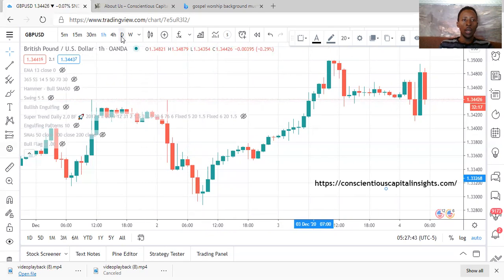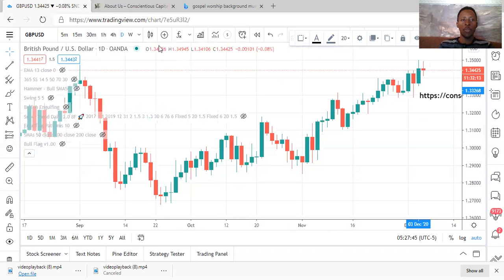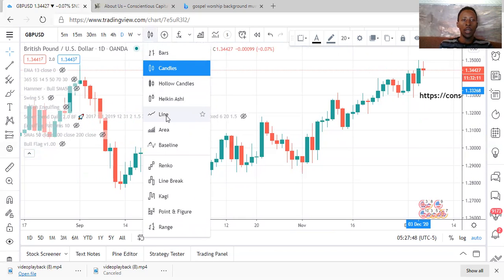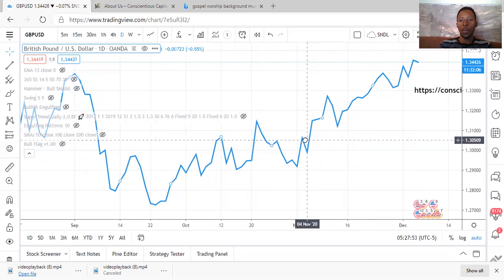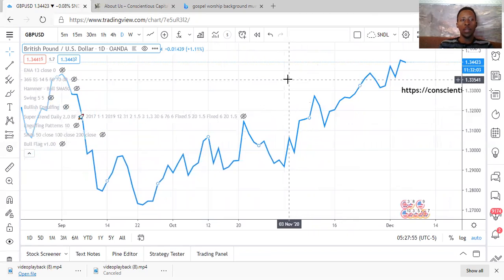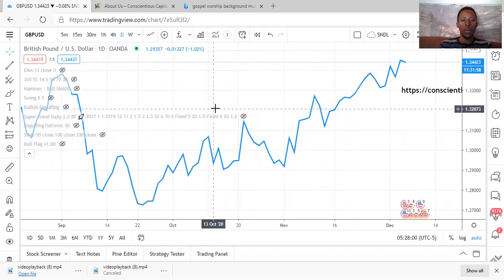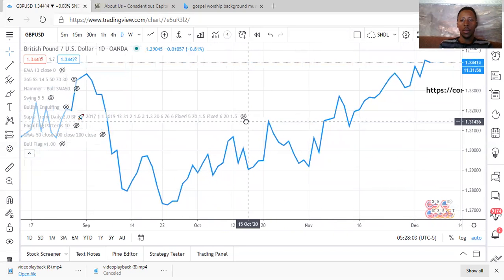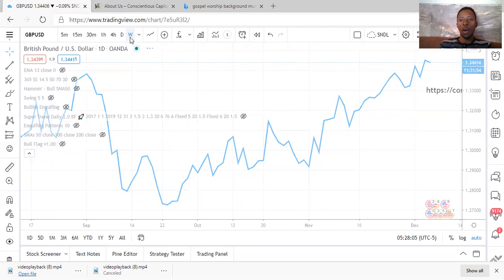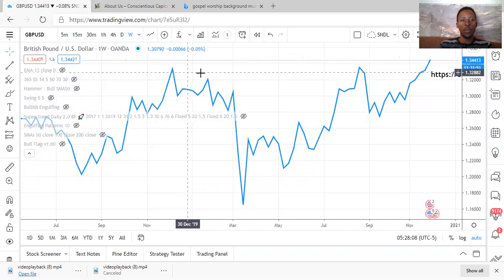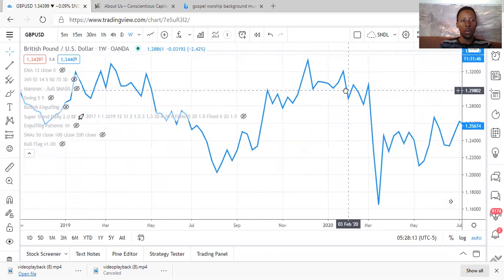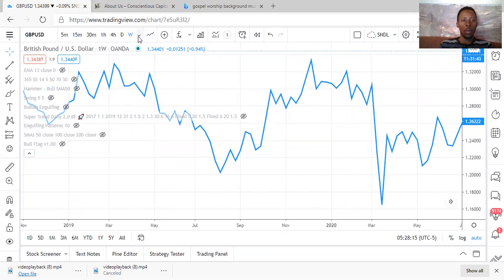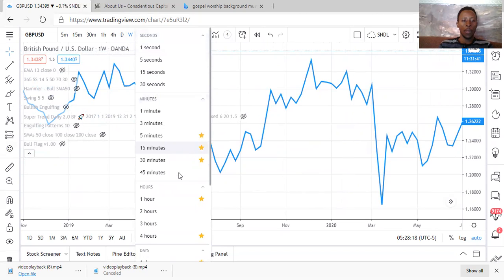So we're going to start our markup, as usual, from the daily time frame to get the most recent high. All right, our price is a little bit far above.